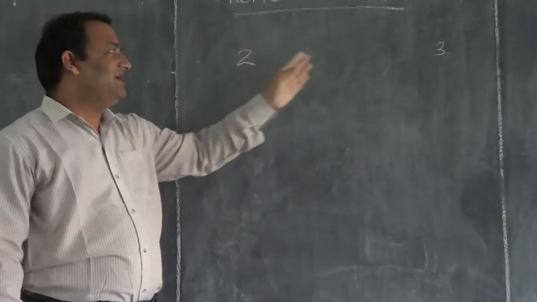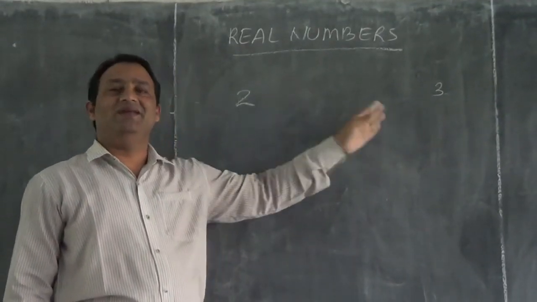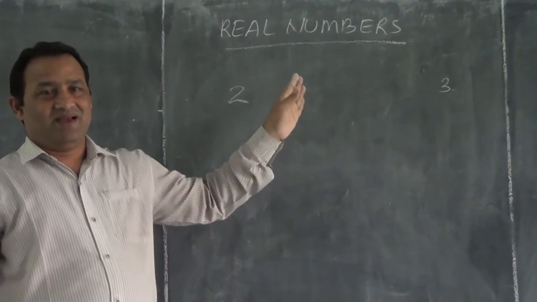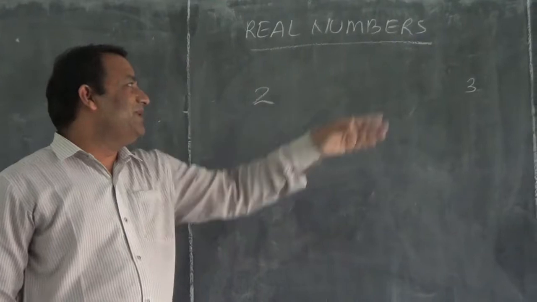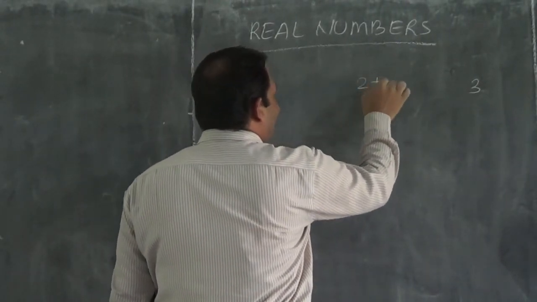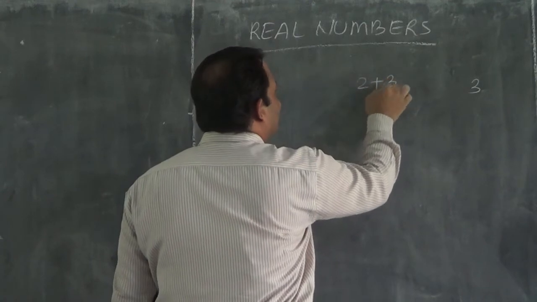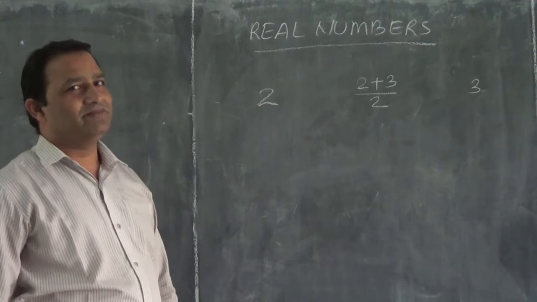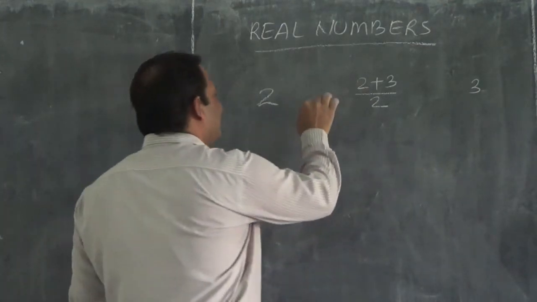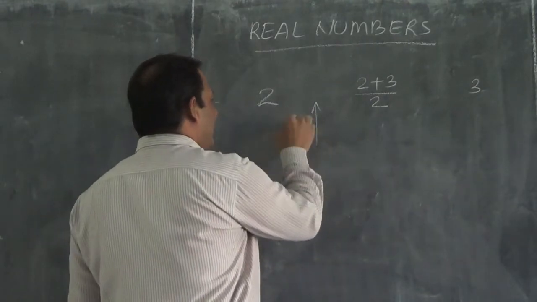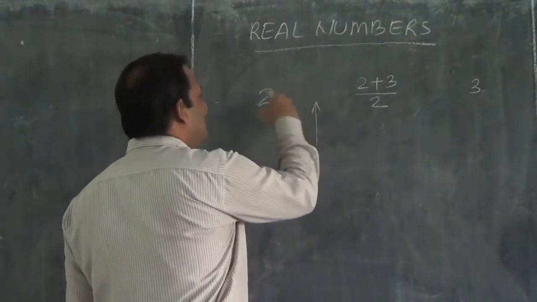Between 2 and 3, there are infinitely many rational numbers. And a rational number between two rational numbers, we were finding 2 plus 3 by 2, that is 5 by 2. Again we can find a rational number between these two.